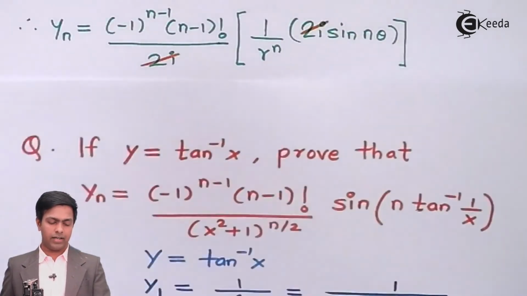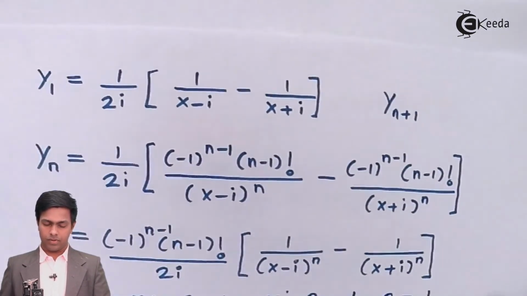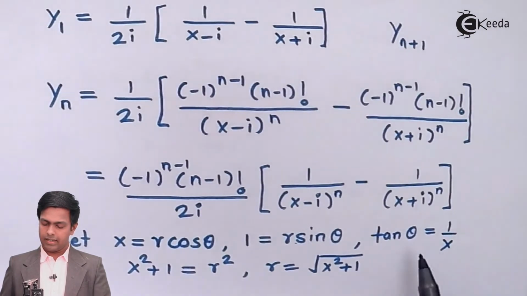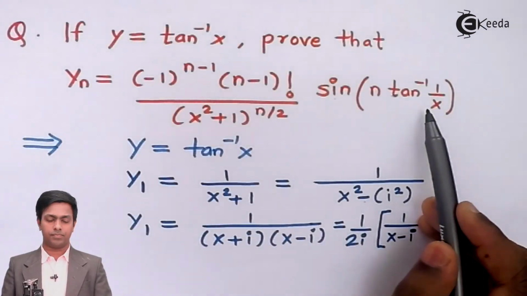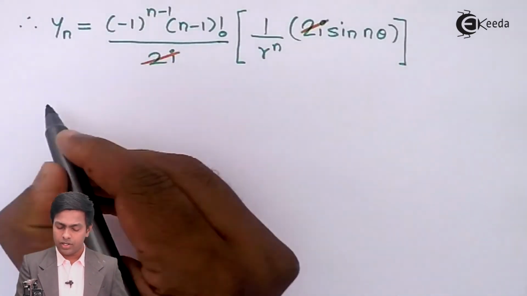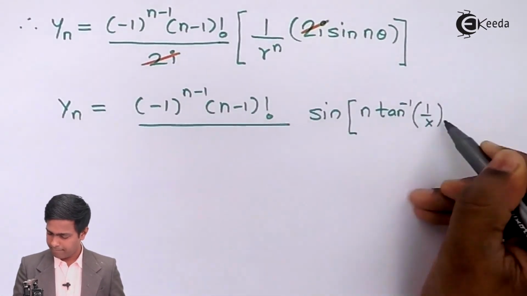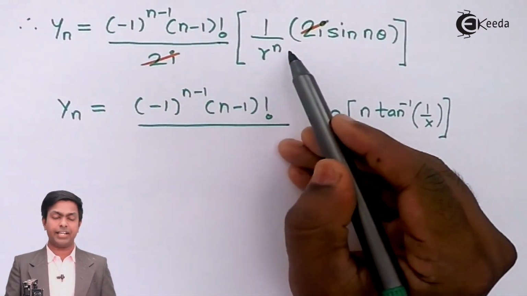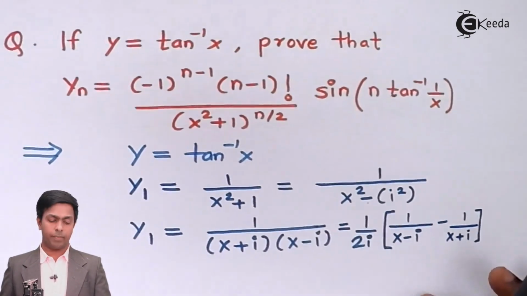But we know that theta is tan inverse of 1 by x, so I can get this term. Now let's observe the denominator. In the denominator we have r raised to n, and we want x square plus 1 raised to n by 2.